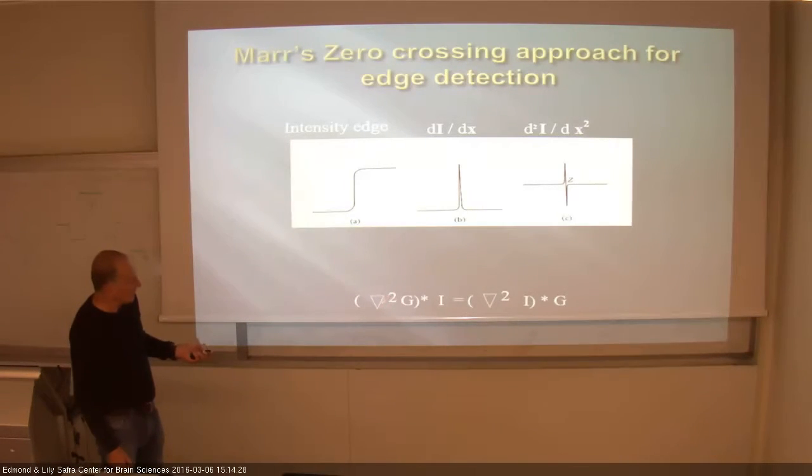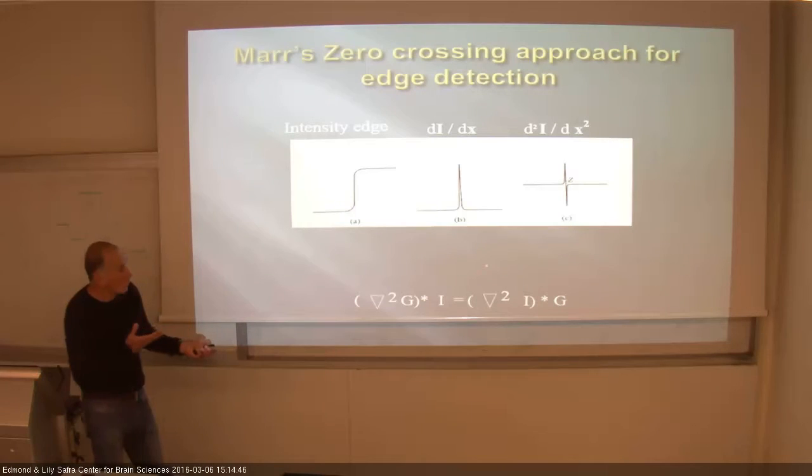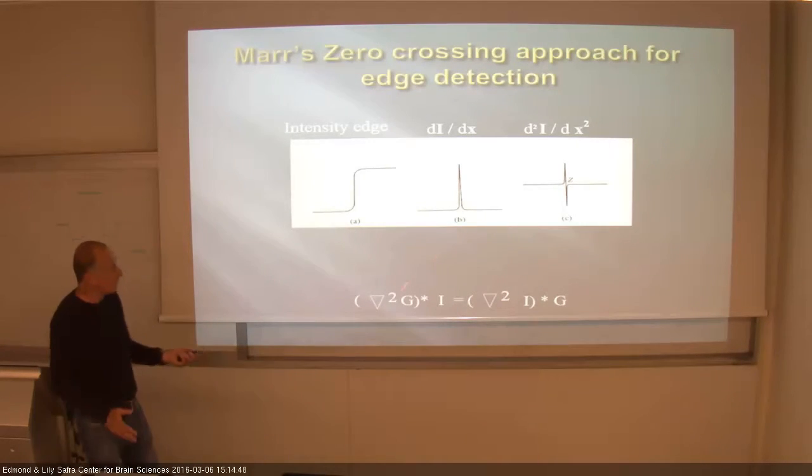One can show that convolving the second derivative of a Gaussian with the image is the same as taking the second derivative of the image and convolving it with a Gaussian. We want to take the second derivative of the image to find the zero crossing and convolve it with the Gaussian, and this is mathematically equivalent to taking the second derivative of the Gaussian and convolving that with the image.